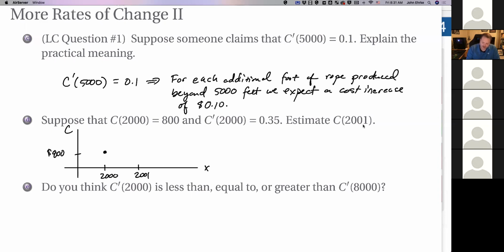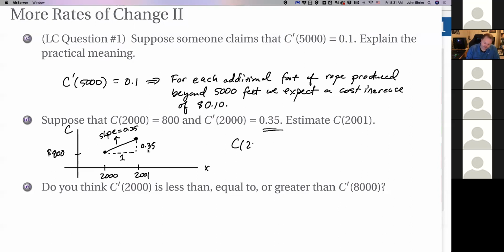You know your derivative is 0.35. Derivative is slope, so your slope is 0.35. This is always a distance of 1, so this must be a distance of 0.35 if the slope is 0.35. So what's this new value? Well, this new value at 2001, since it's always 1 away, is $800.35.